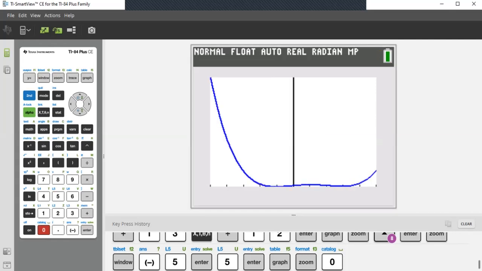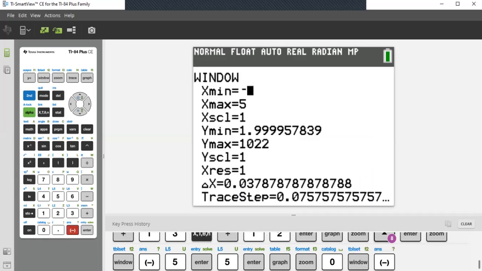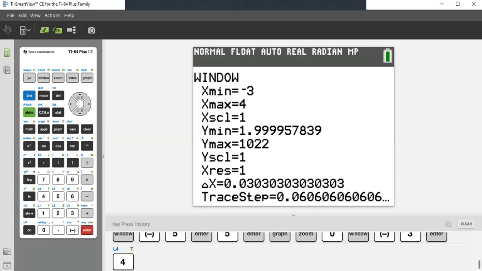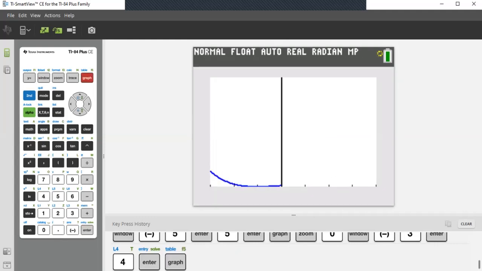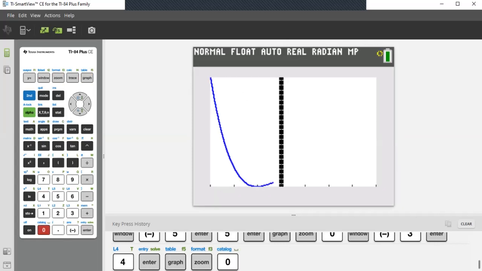Okay, so it's a little bit better, but let's bring it in even closer. So let's go window. Let's try maybe -3 to 4. All right, so a lot of this finding an appropriate window is really more of an art form than an exact science. So you just have to be patient with it. So let's do zoom 0.